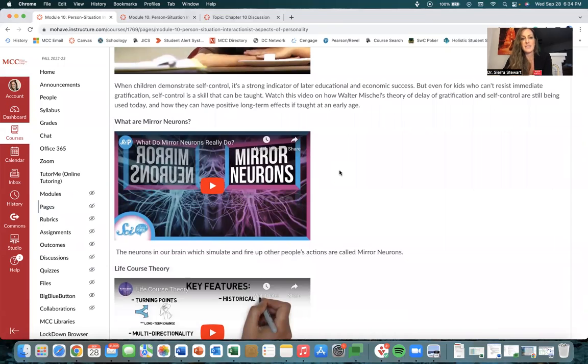The second thing is about mirror neurons. The neurons in our brain that fire and copy other people's actions are called mirror neurons. The best example of this is when someone yawns, you usually tend to yawn after that. It's your mirror neurons picking up on the fact that someone else is yawning, and then you mimic that as well.